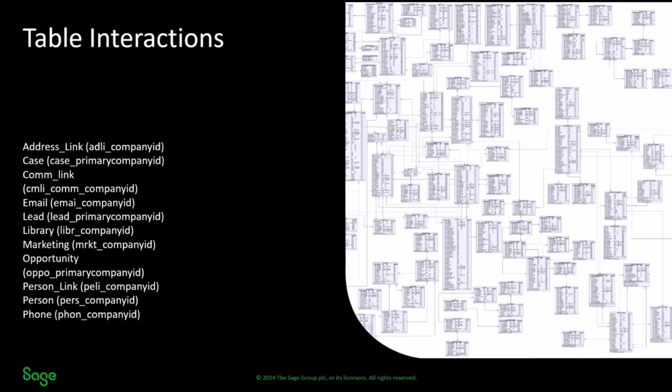In the example I was just showing you, you'd have to have gone through and deleted the opportunities or changed somehow the opportunities and the cases, all of that data away from the company that you wanted to delete or the person that you wanted to delete.